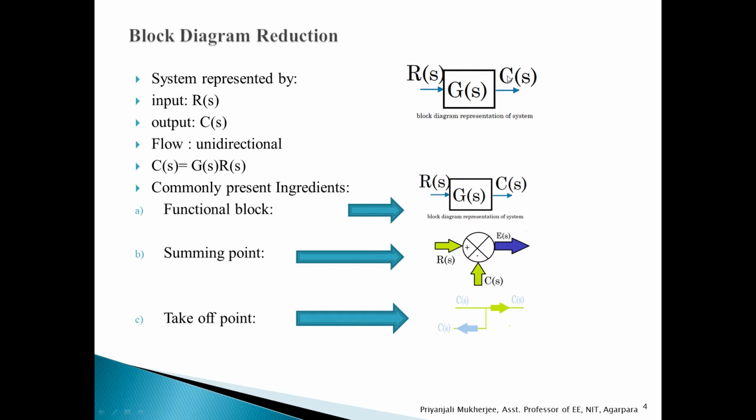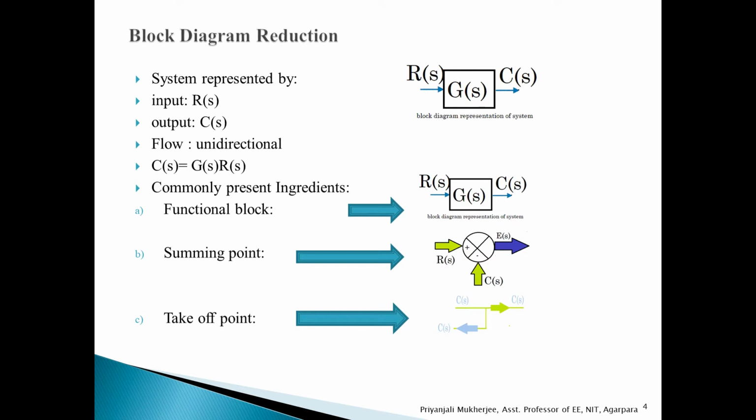Now, a single block may represent an overall system or only a single component of a complex system, depending on the detail desired. A set of equations describing the behavior of the system can be written, with each term in the equation represented by a block.